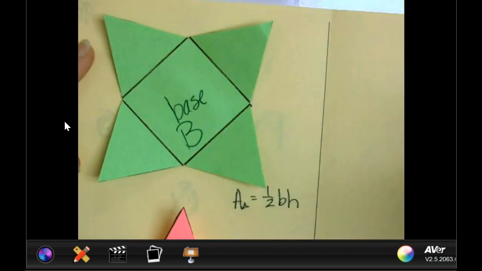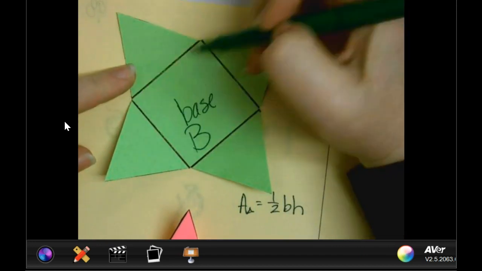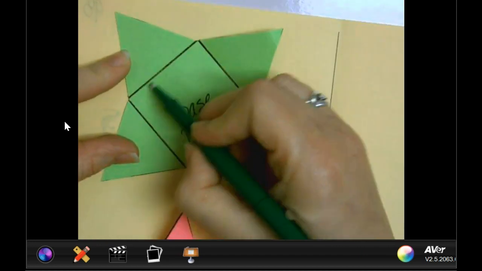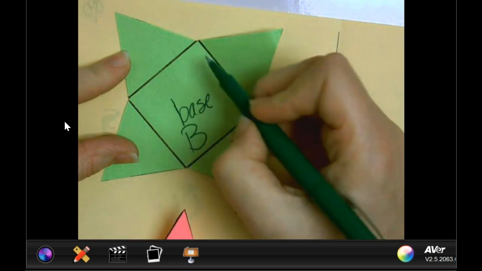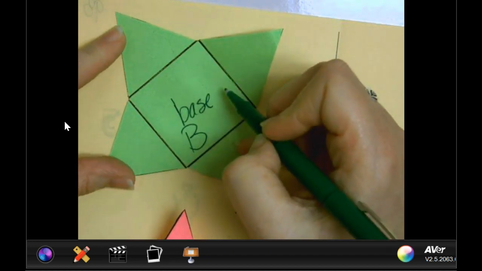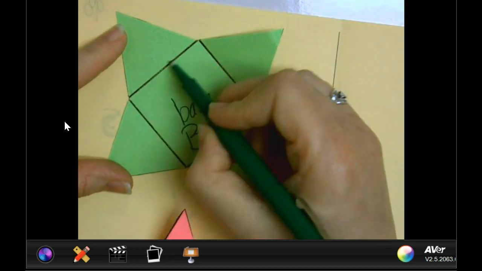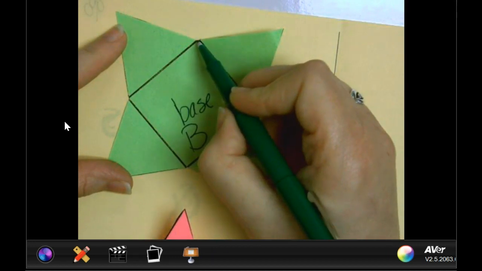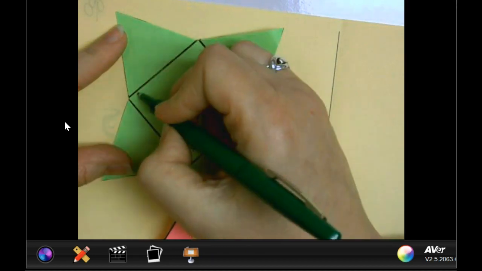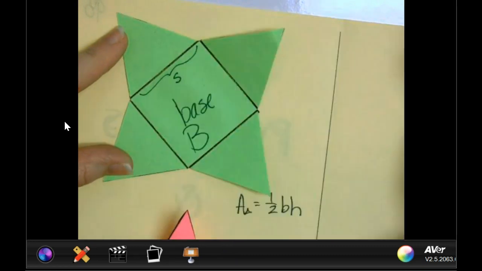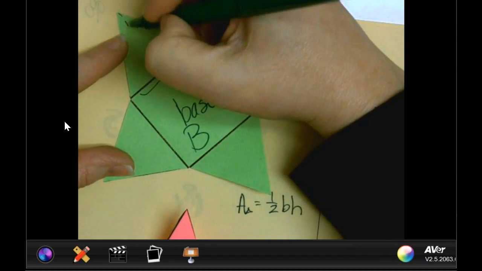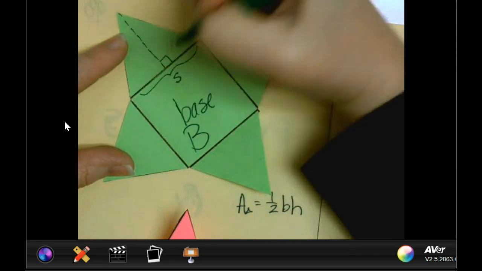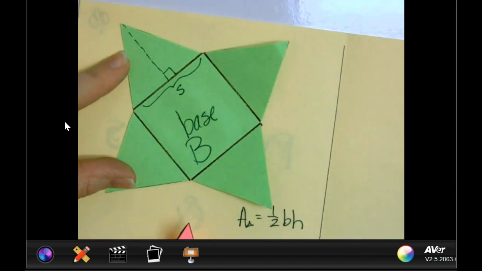All right, so the base of the triangle here is what part of the pyramid? The side length. So this right here actually represents S, right? The height of the triangle is what part of the pyramid? The slant height.